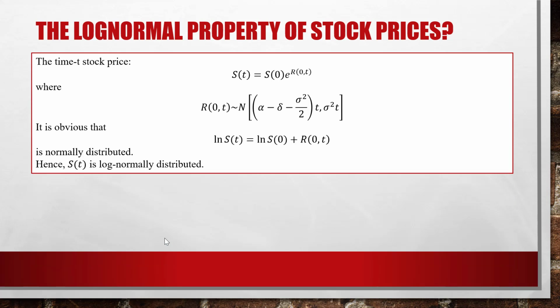Here on the Black Scholes model, we got a time t stock price. When we consider from the initial time 0 to the time t, we got S of t, the stock price at time t, is equal to the initial stock price S0 times e to the R 0t, where the rate of returns R0t follow normal distribution with mean alpha minus delta minus sigma squared over 2 times t, and variance sigma squared t.